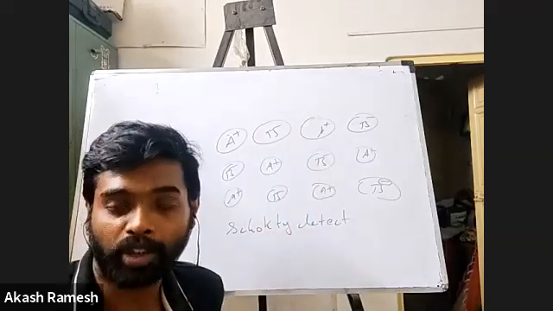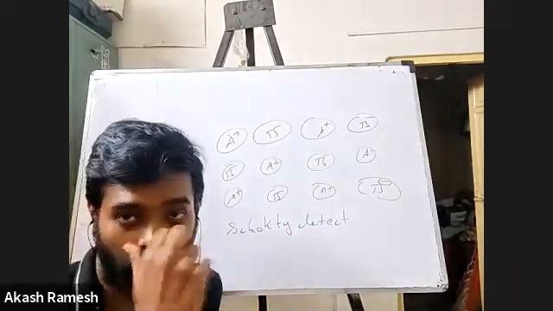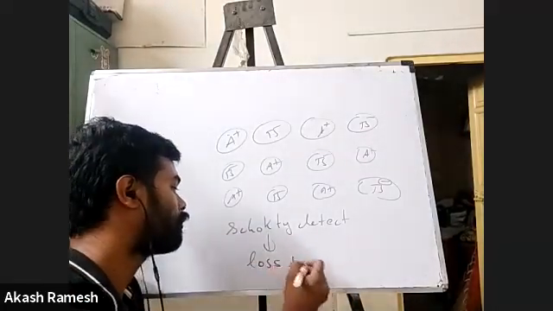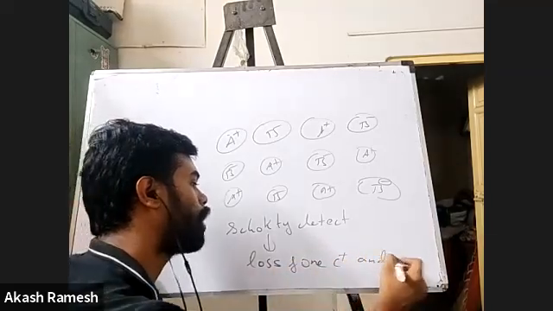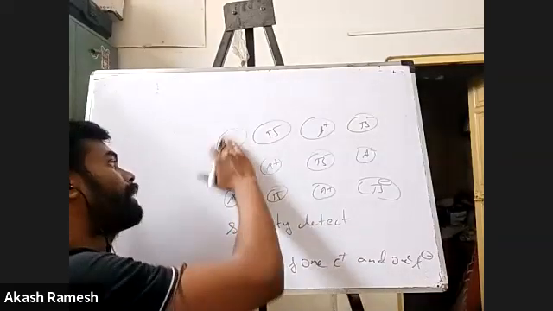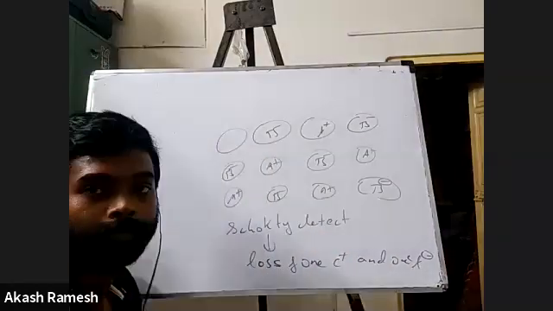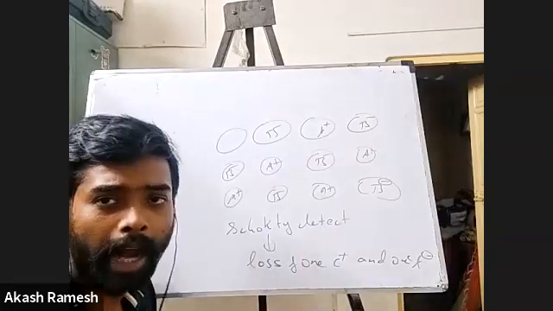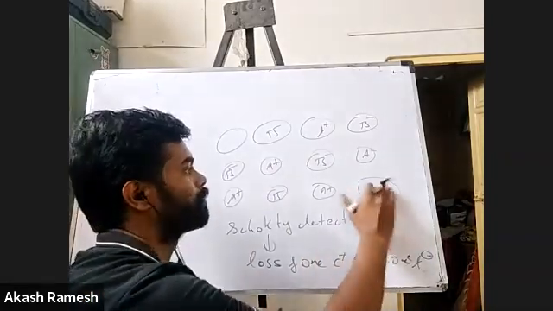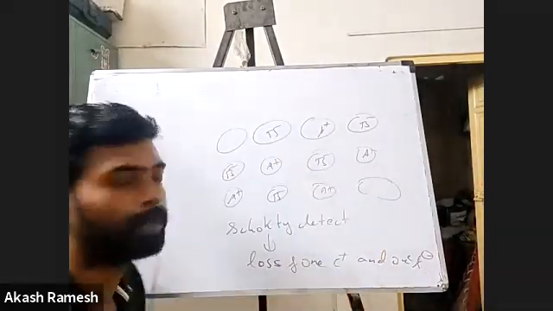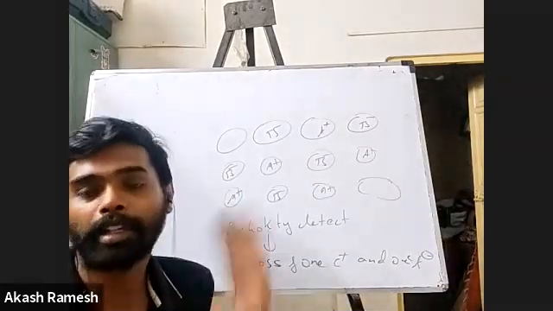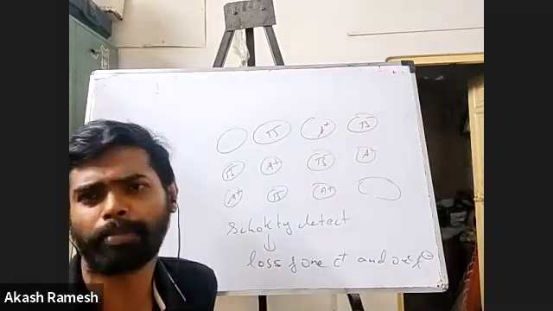The whole lattice as a whole should be neutral. So in a Schottky defect, there will be loss of one cation and one anion. Say for example, I take this out, that becomes a defect. And again, the lattice cannot stay like this because it is not neutral yet. So somewhere I have to remove a B minus. I have A plus removed, I have a B minus removed. So done. This is what is called your Schottky defect in very simple words.